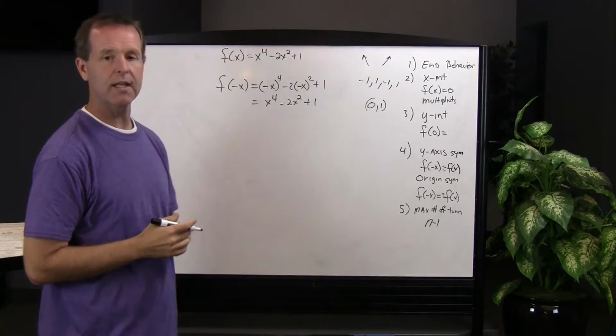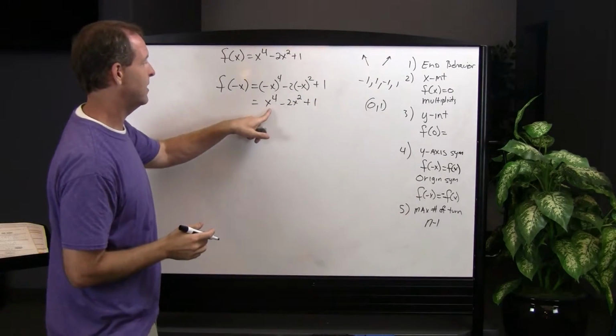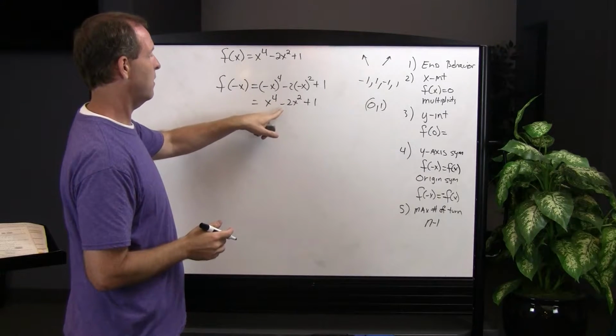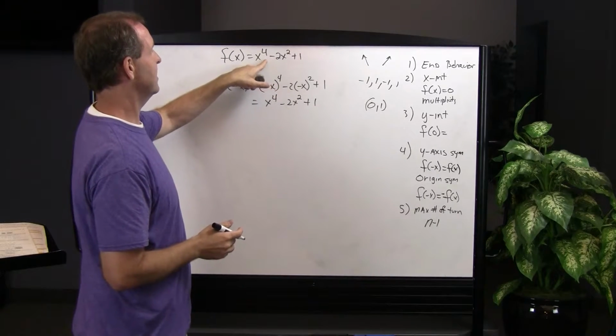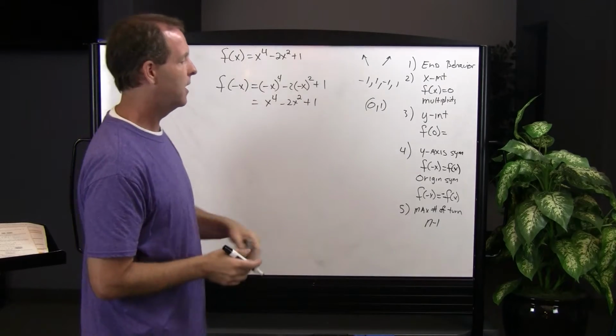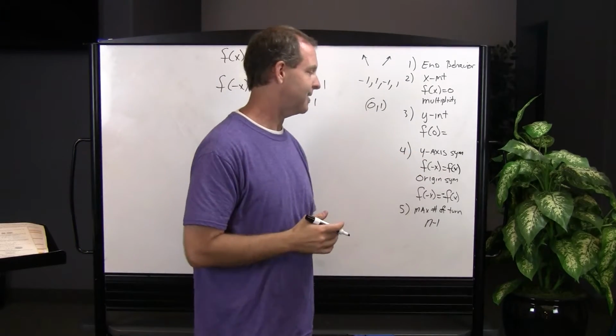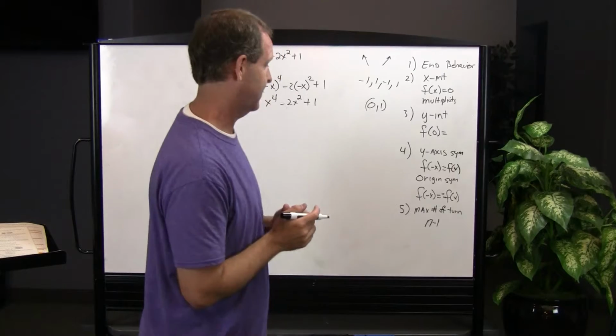As I start to clean that up, I discover that my reduced function is x to the 4th minus 2x squared plus 1, which is exactly what I had to begin with, so I have a function that is symmetrical to the y-axis.